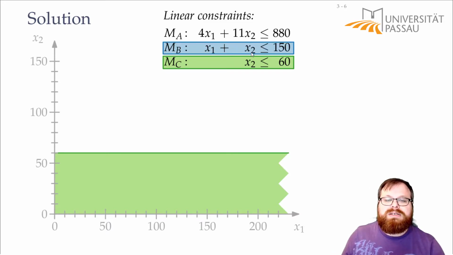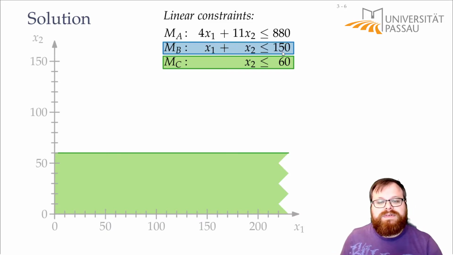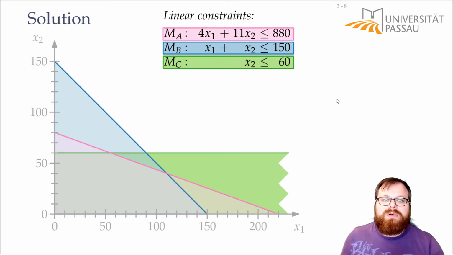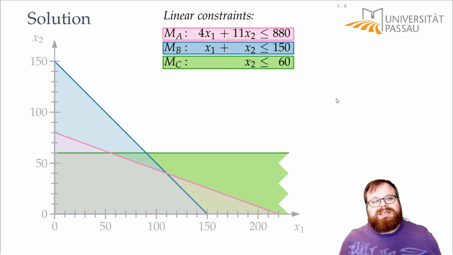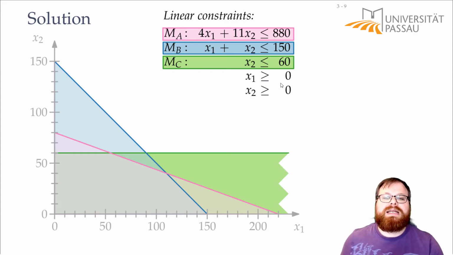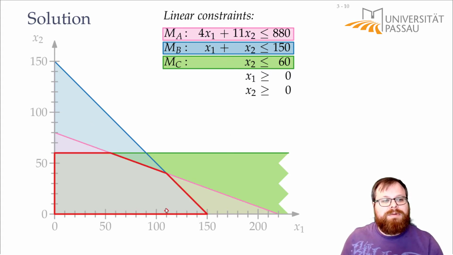Also for this constraint, we can have at most 150 in total, so all the valid points have to lie in this half plane, below this diagonal. The same way this gives us a half plane. And we cannot produce a negative amount of something, so both of those have to be at least 0. That gives us all the valid solutions, which lie in this polygon.